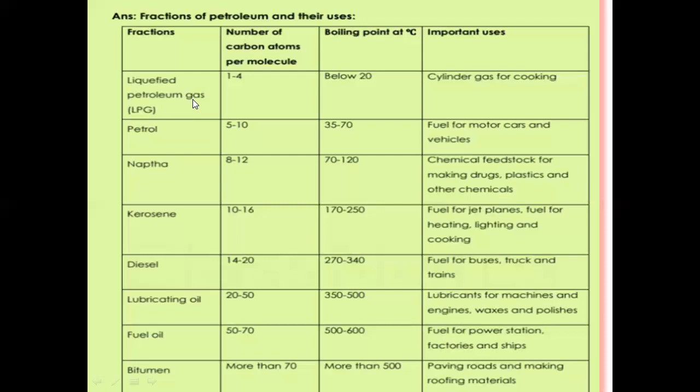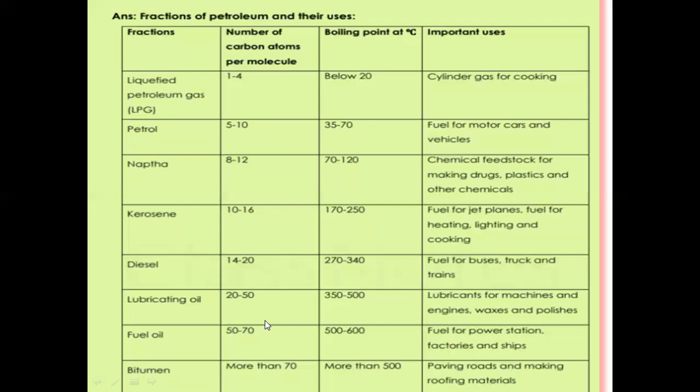In the case of bitumen, they contain the highest number of carbon atoms. They contain more than 70 carbon atoms, and the boiling point is the highest one, that is more than 500 degrees centigrade. And this bitumen we mostly use for making roads and roofs.